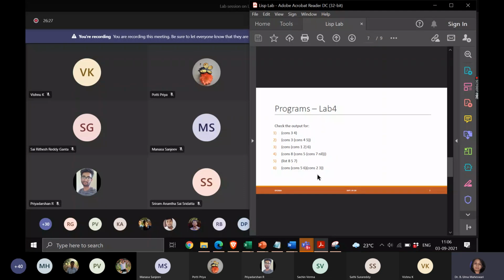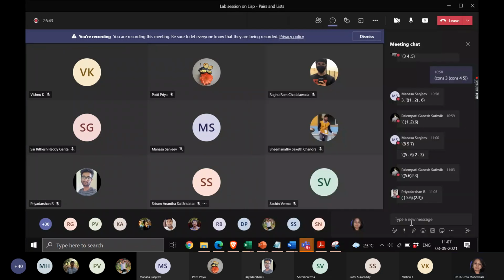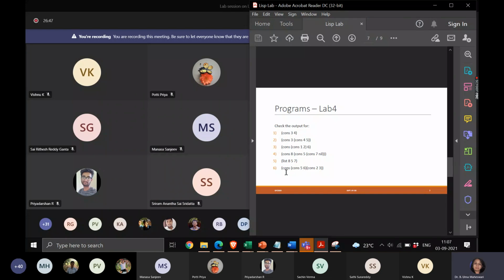For your understanding, modify the last function and add one more cons after cons 2, 3, say cons 1, 5 or something. What happens? Are you understanding what I'm saying? In the sixth question, you have cons 5, 6 inside a bracket, cons 2, 3 inside a bracket, and then open another bracket, cons 1, 5, and check the answer.